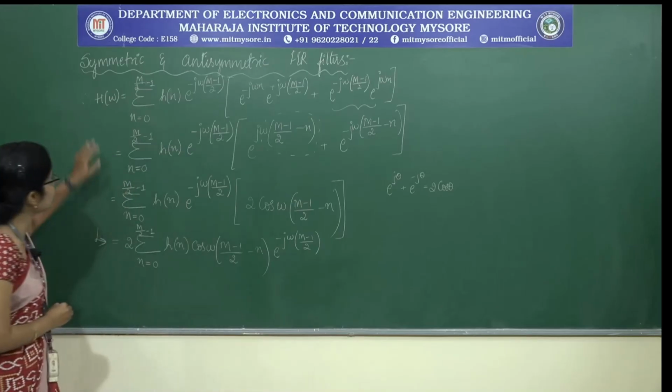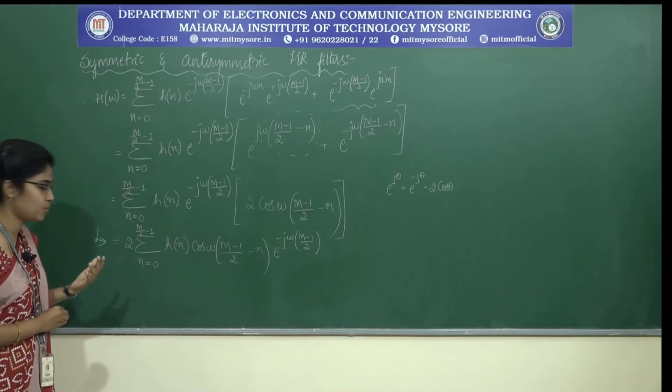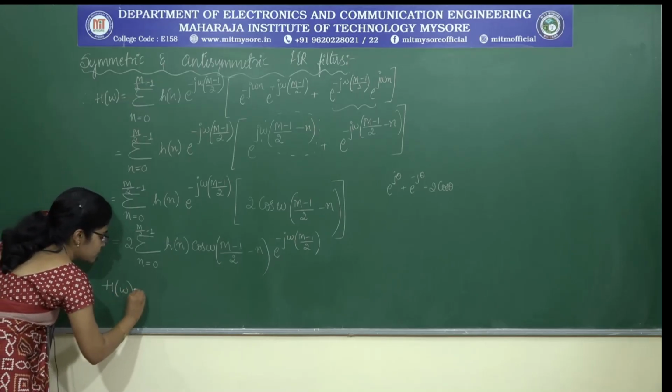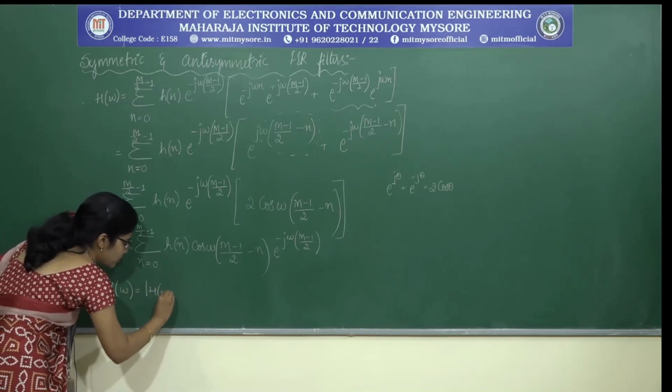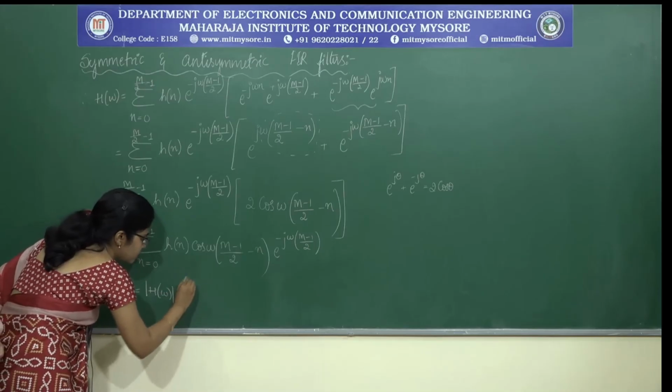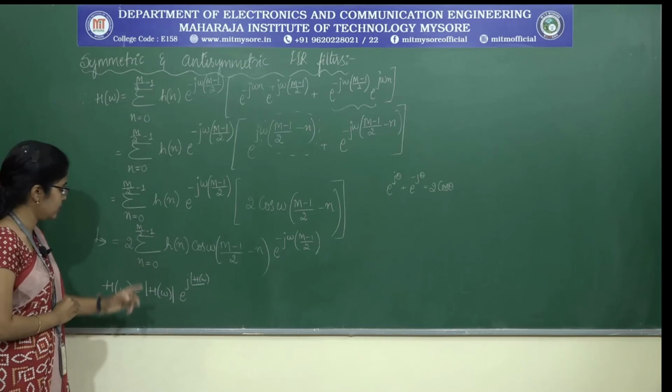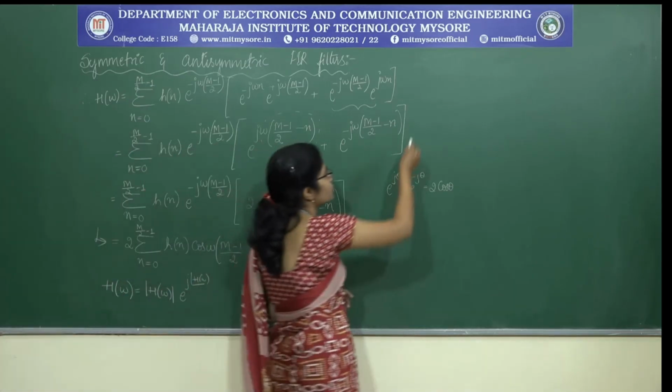If I write this h of omega in the standard polar form, I can write it as h of omega, which will be equal to magnitude of h of omega into e power j angle of h of omega.